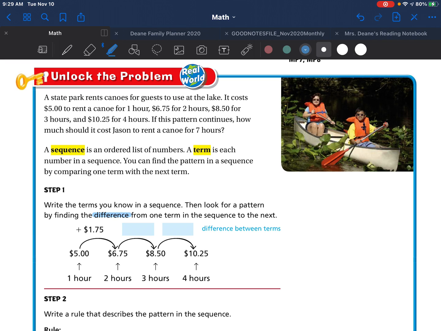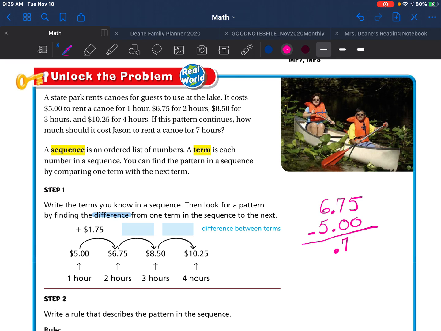So when we put the numbers in order, we have $5, $6.75, $8.50, and $10.25. To find out what the difference is, you would have to subtract the first two numbers. So you're going to take the bigger number, which is $6.75, and subtract $5.